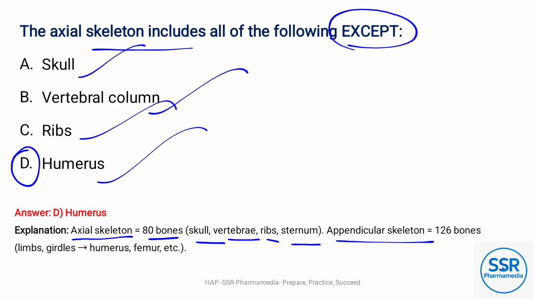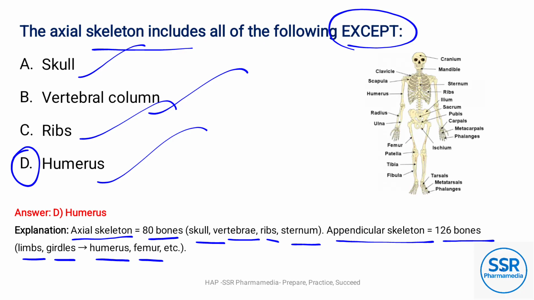The appendicular skeleton contains 126 bones: limbs and girdles. Example: humerus, femur, etc.